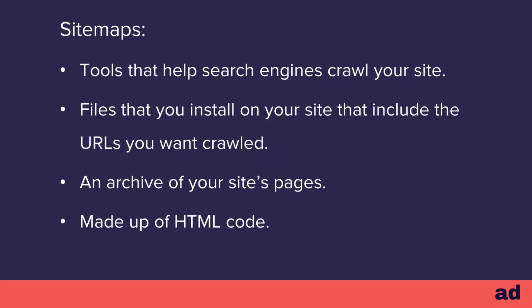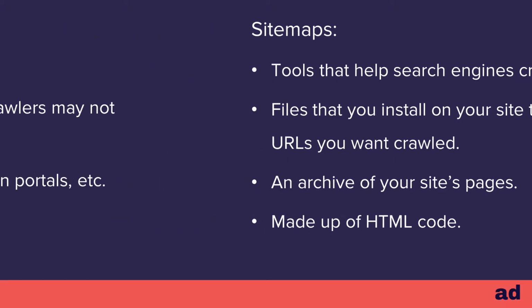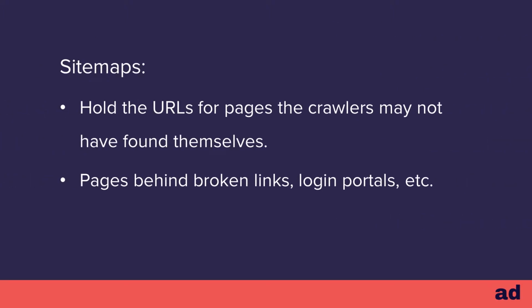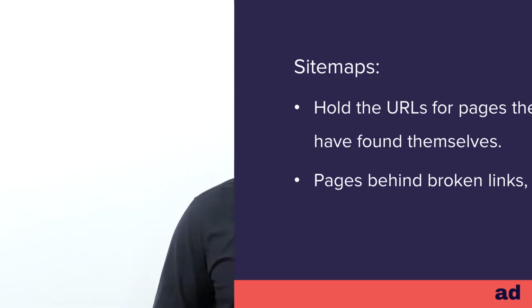Basically, they're an archive of all your web pages that you need to install in order to help search engines crawl your site. They hold files for the web pages that crawlers may not have found on their own, for example. Pages behind login portals, pages behind broken links, or pages that, for whatever reason, aren't currently indexed.